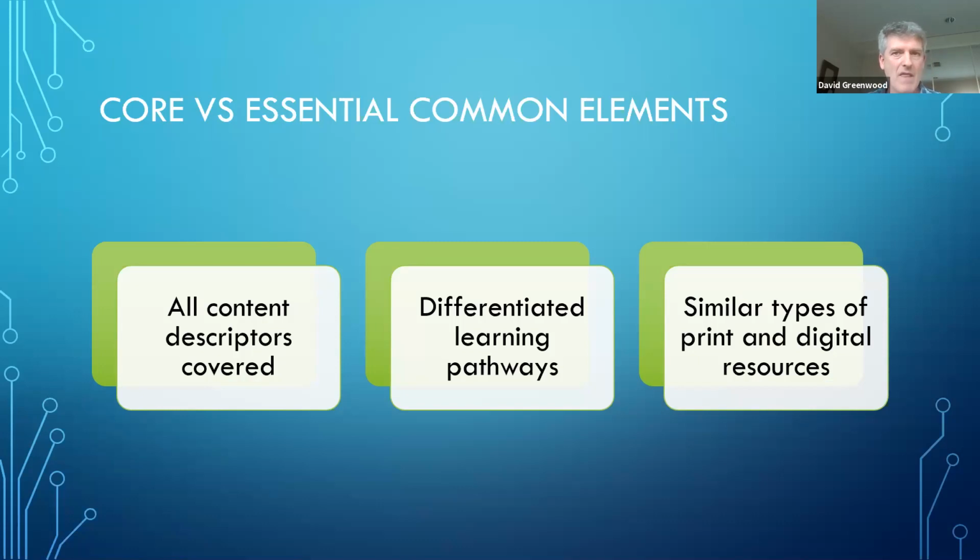One thing I want to be clear about is the Core series does include and cover the content for all of the Australian curriculum. It doesn't go up to the highest level, including 10A, but it does cover everything else from 7 to 10 in the standard Australian curriculum. So they obviously both cover all the content descriptors.